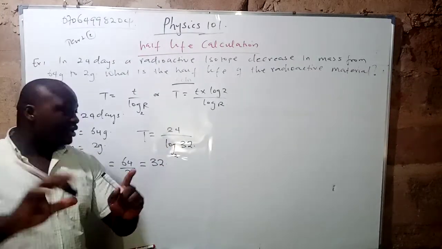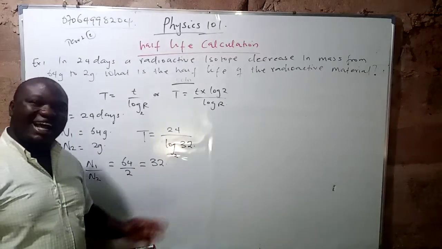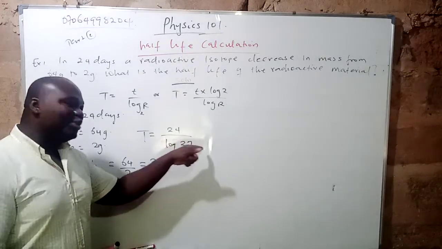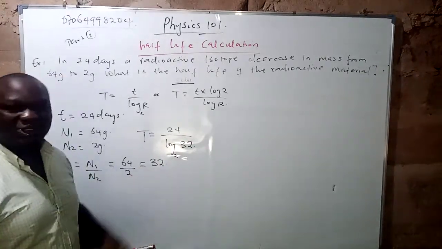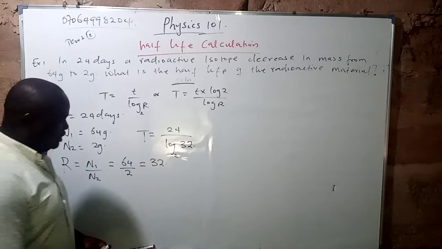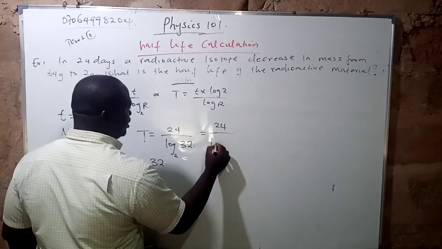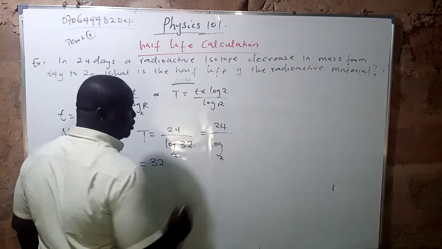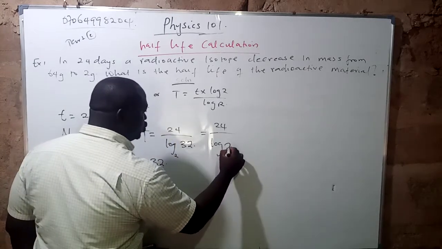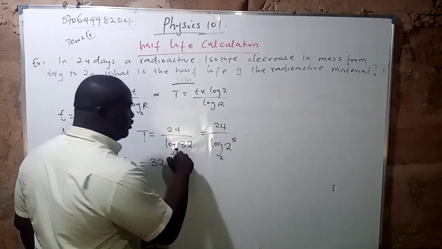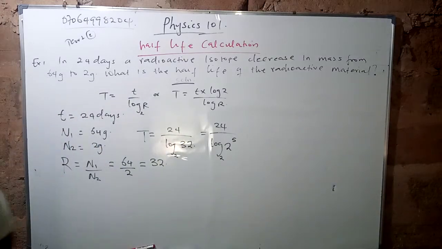Pay attention. Immediately you come to this place, ask yourself, 2 raised to the power of what will give me 32? 2 raised to the power of 5 will give you 32.